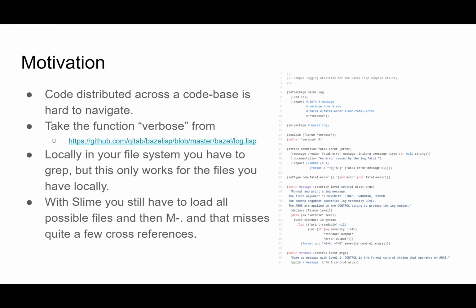You can download all of the files locally and then grep, but that will give you all of the textual places that the function occurs. You can use slime meta-dot, but that will only be for the files you have loaded in your REPL. And what if you have a huge code base that will require you to load many gigabytes of files? And what do?